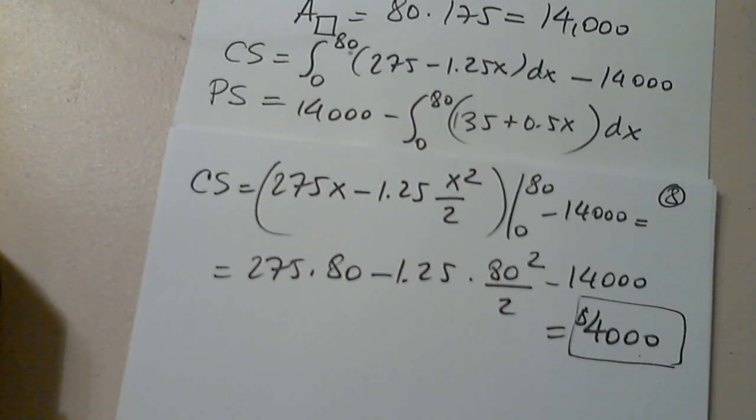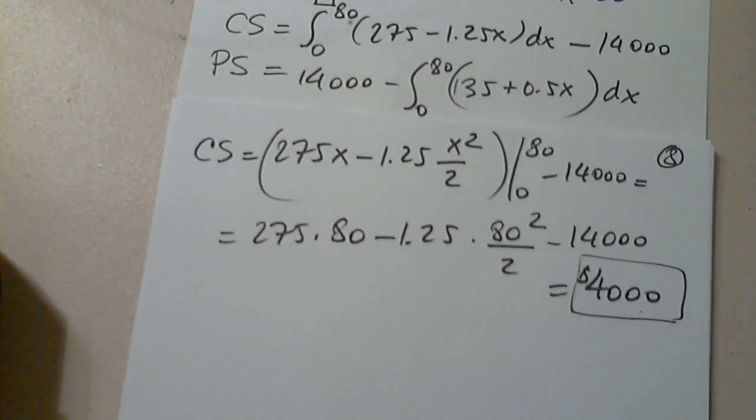So the integral from 0 to 80, and the function was 275 minus 1.25x, dx, and then minus 14,000. I click enter. If I don't get 4,000, I have to go back to the drawing board. Okay, so far so good.